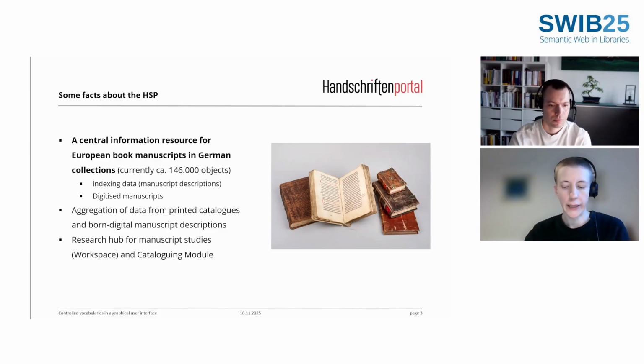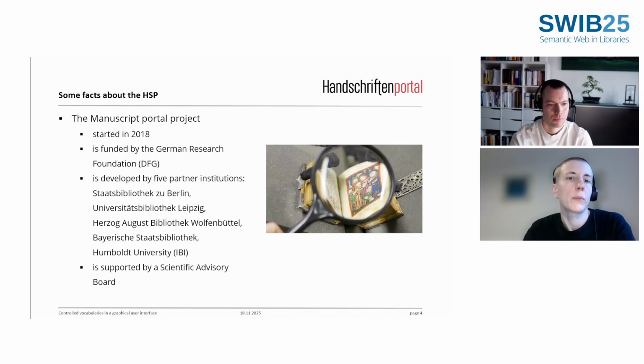The portal mainly provides research functionalities among this aggregation of data, but it also includes a workspace for manuscript studies and a cataloging module in which you can create new manuscript descriptions directly in the portal. The work on this platform is a project, and it started in 2018. It is funded by the German Research Foundation, and the portal is developed by 5 partner institutions, 4 libraries and 1 university institute. The work is supported by a scientific advisory board.